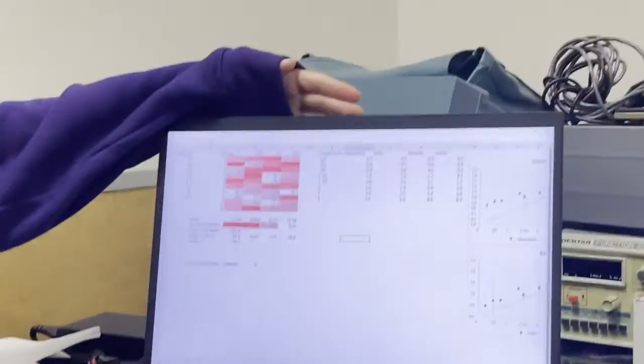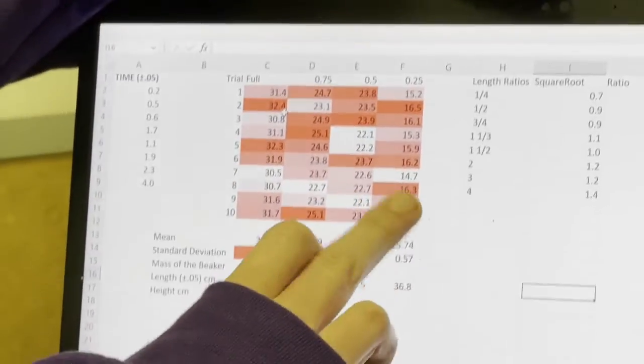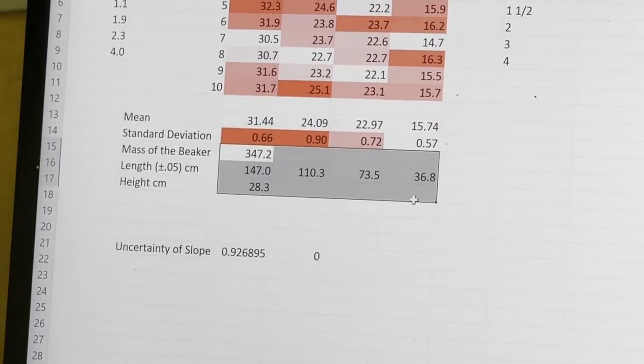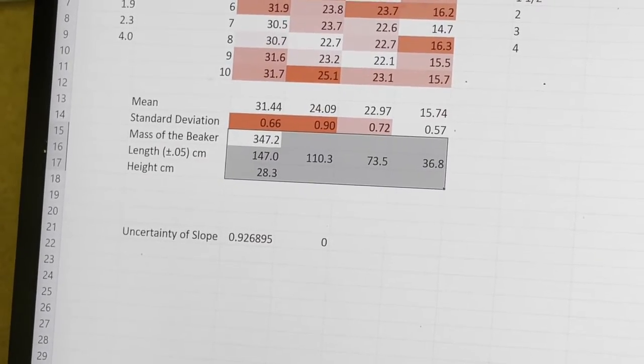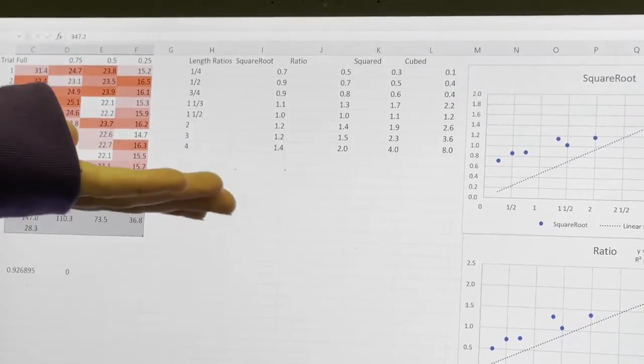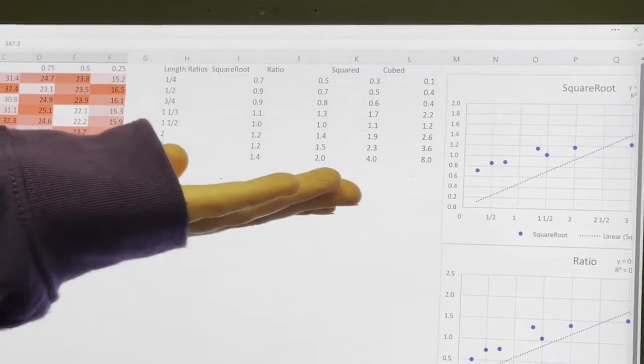This is our data. You can see we have it labeled by trials: full, 3/4, halfway, 1/4. Down here we have the mean, then the standard deviation for each of those, and some various information such as length, height, mass of the beaker. Now moving over here, you can see that we calculated the times given the length ratios, then we did square roots, the plane ratio, we squared them, and we did them cubed.